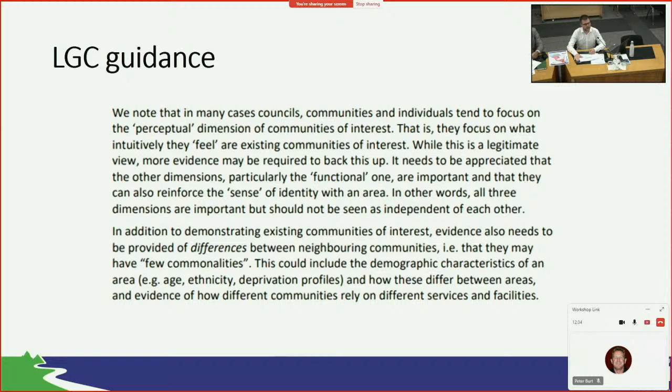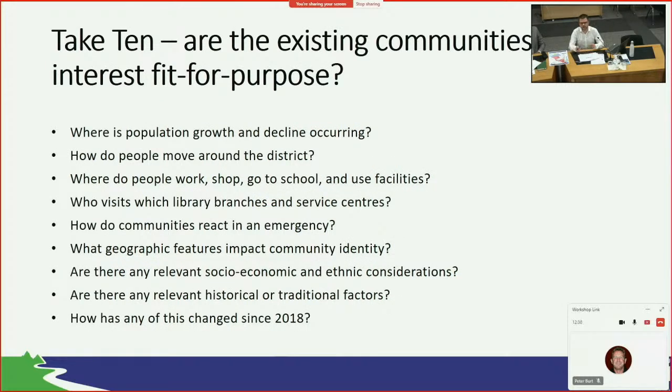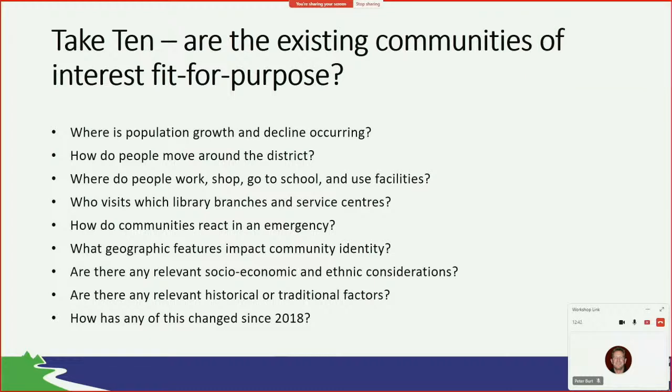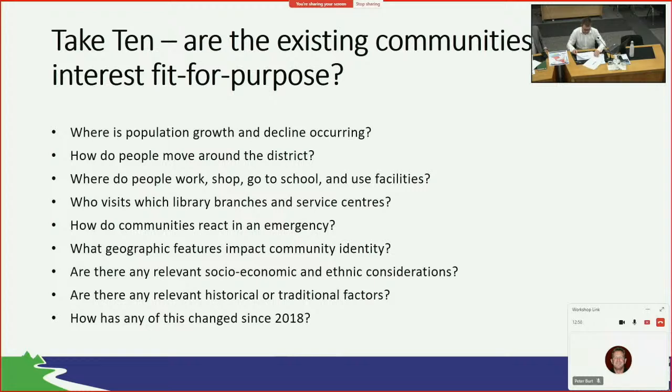It will make more sense, perhaps, when we do the next exercise, which is, what I'm hoping to do, is give you an opportunity, 5 minutes, 10 minutes, to talk amongst yourselves in groups of 2 or 3, to go through some of these questions that the Local Government Commission has set, and this hasn't been done previously, as I understand it, in previous workshops, to allow you to reflect on whether or not the existing communities of interest, being the 3 wards that have been broadly identified, are currently still fit for purpose.